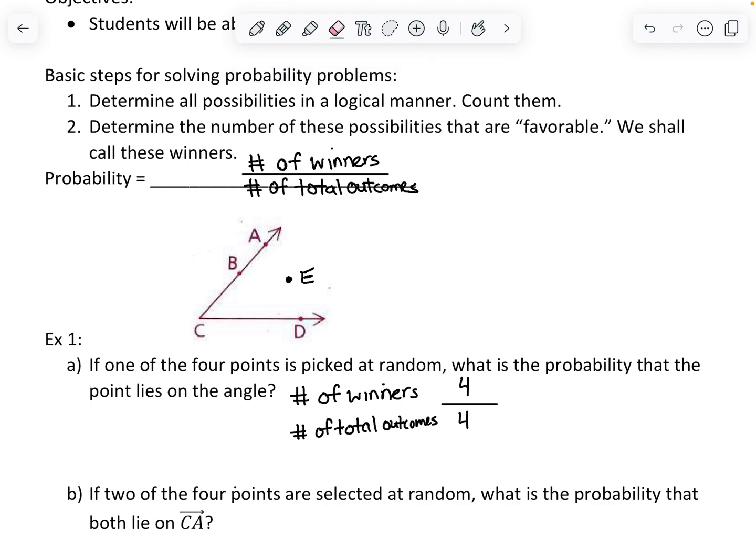But in this case, they're all on the angle. So we get 4 out of 4. When we simplify that, we have 1. Or sometimes we like to write probability as a percentage. So that's a 100% probability here that our point lies on the angle.